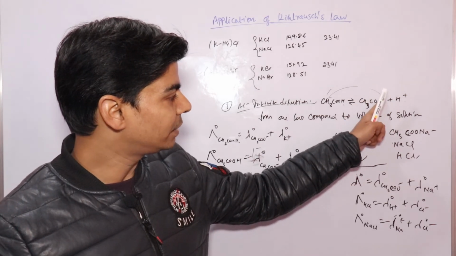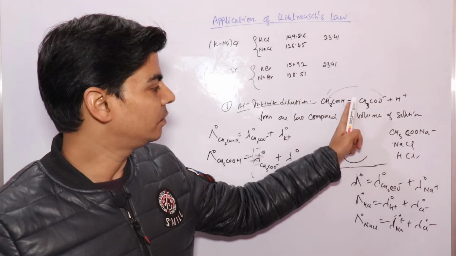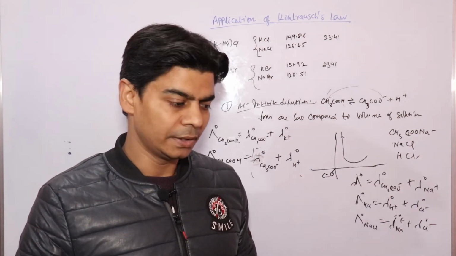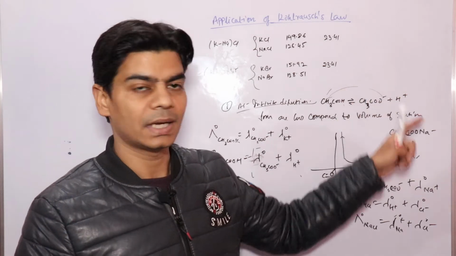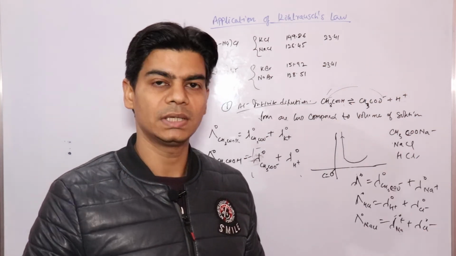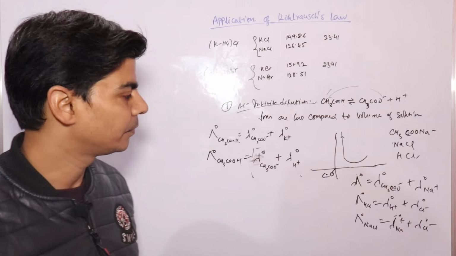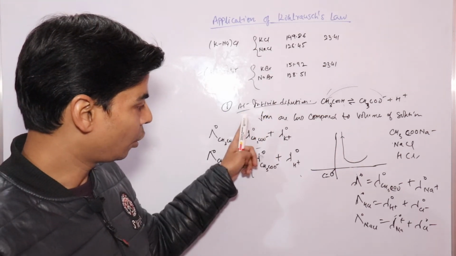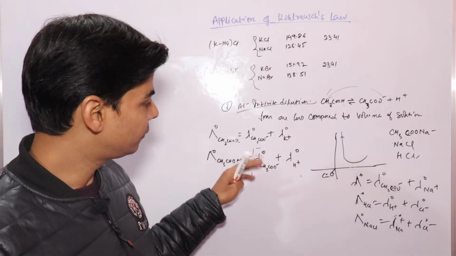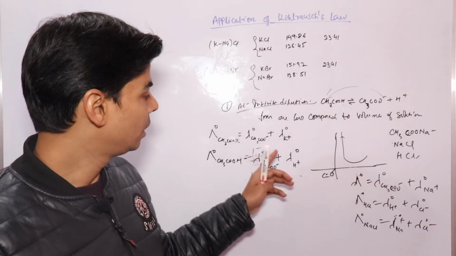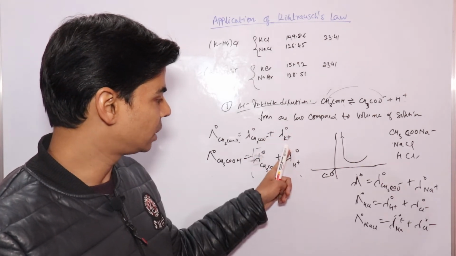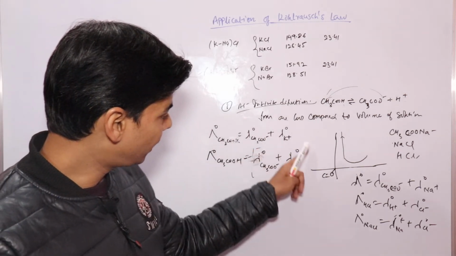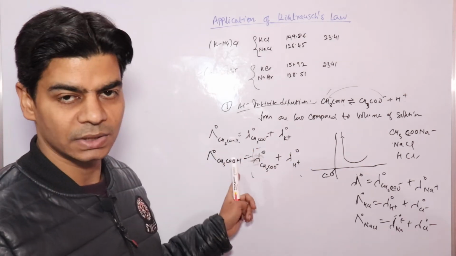The number of acetate and hydrogen ions is too small in the solution of acetic acid at infinite dilution, so their conductivity cannot be measured. But if we get the ionic conductance of acetate ions from some other electrolyte and of hydrogen ions from another electrolyte, we can get the molar conductance of acetic acid.